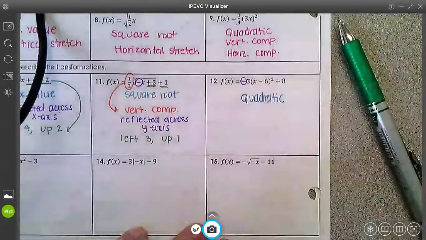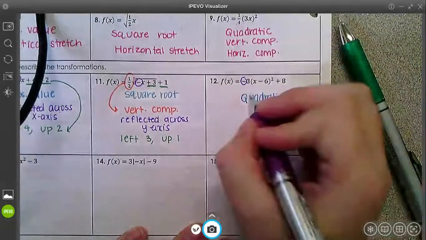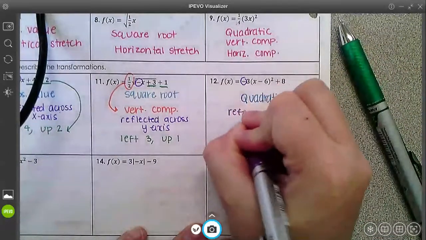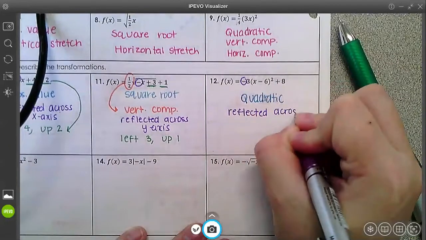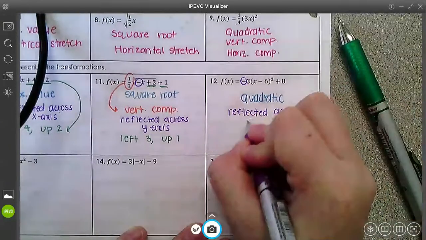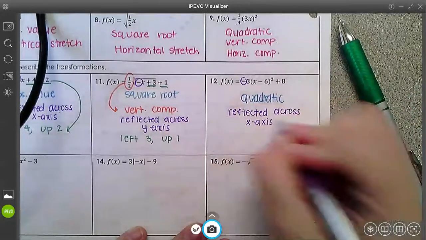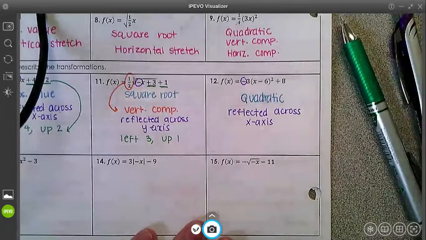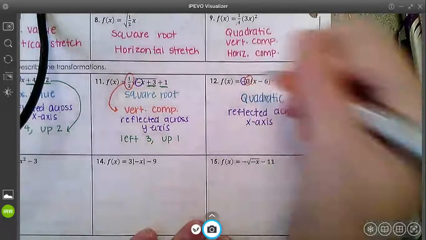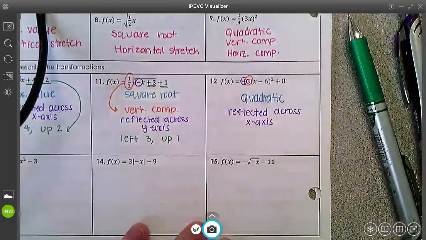So that negative outside is reflected across the x-axis, and there's a 3 outside.